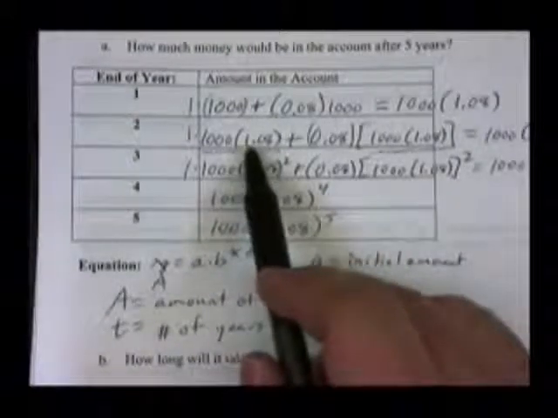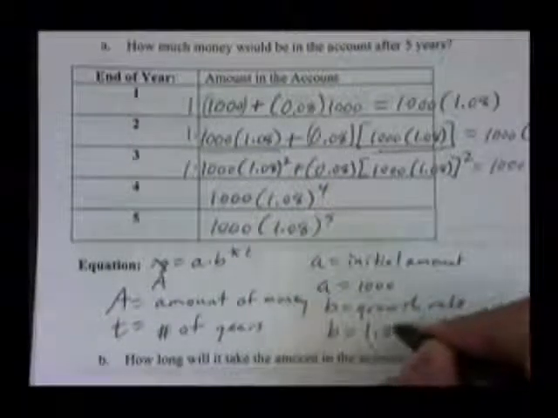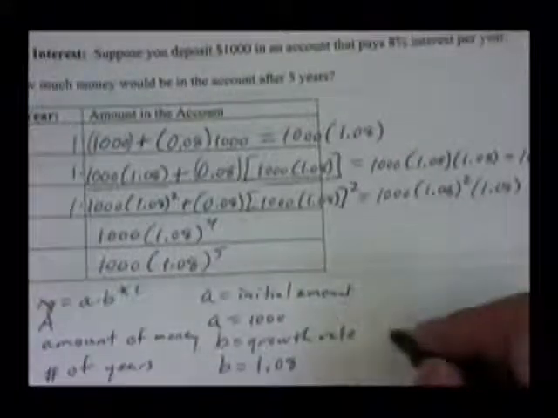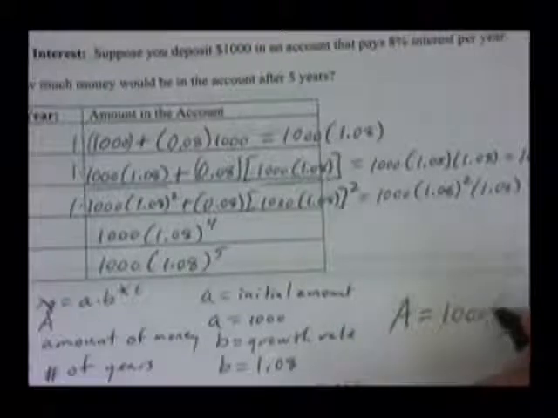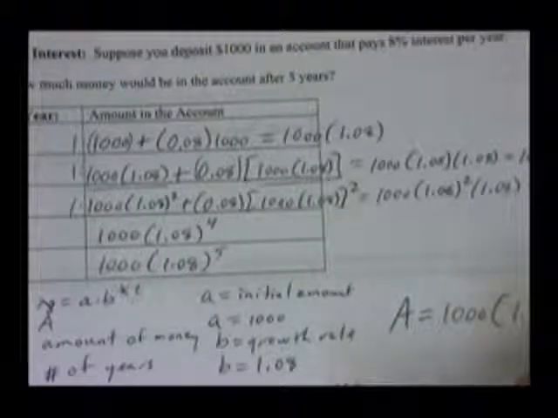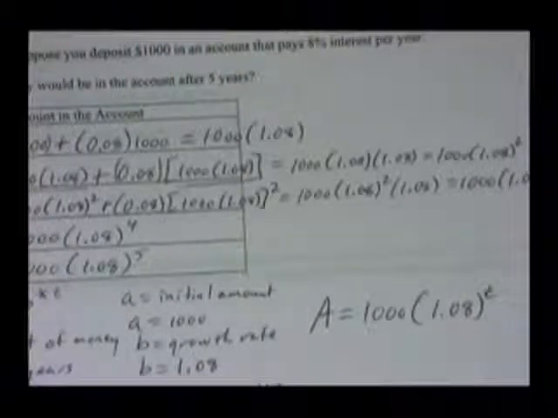The 8% added to what was originally there, so our growth rate is 1.08. So that gives us our equation of A equals 1,000 times 1.08 to the t. There's our equation.